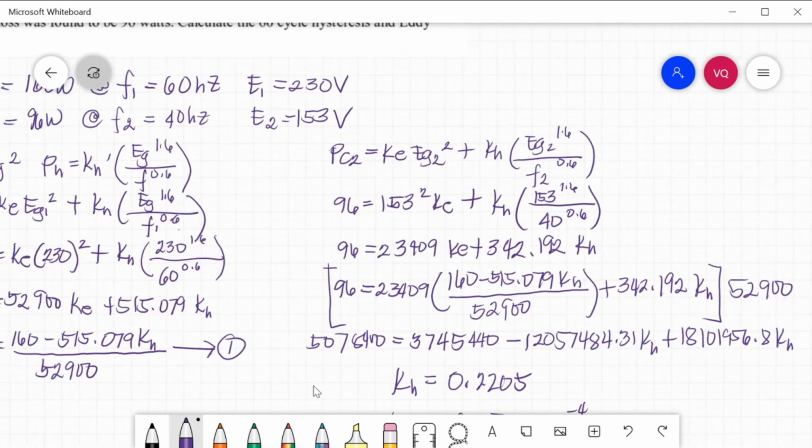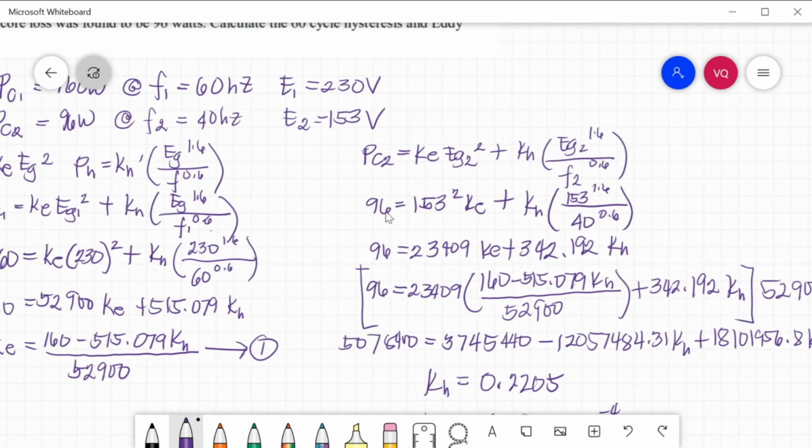For PC2, we have 96 watts equal to 153 squared KE plus KH times 153 raised to 1.6 divided by 40 raised to 0.6. So 96 is equal to 23,409 KE plus 342.192 KH. This is our equation 2 now.